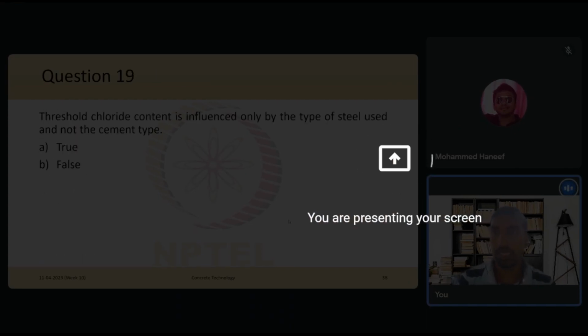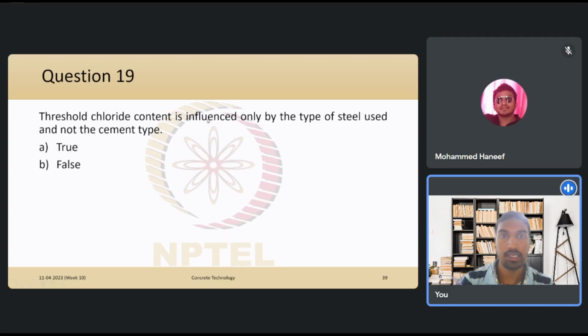Yes, question 19: the threshold chloride content is influenced only by the type of steel used and not the cement type. Is this statement true or false?